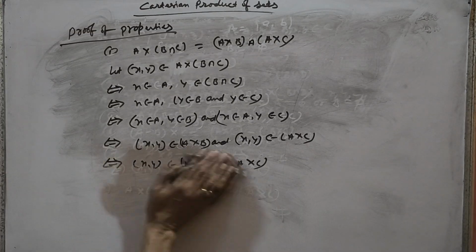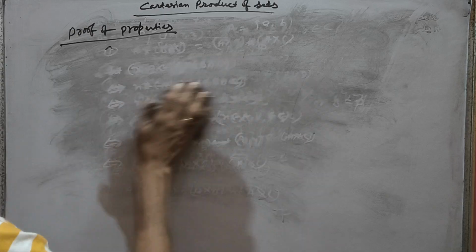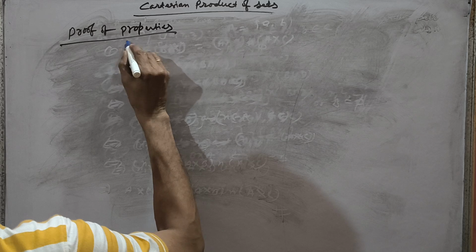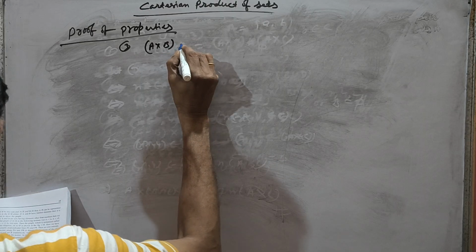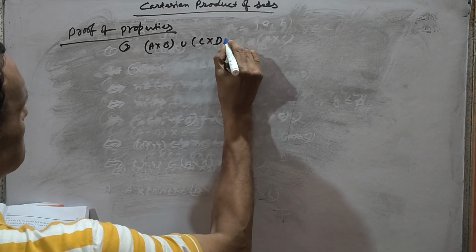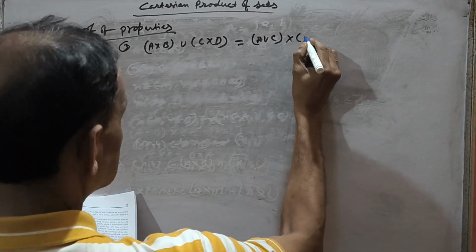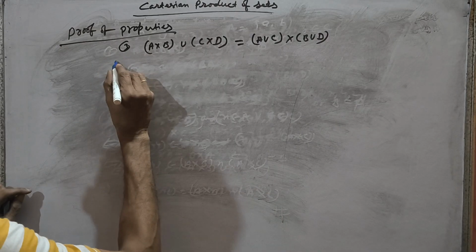Now number 3, we go to number 3. Number 3 property was (A cross B) union (C cross D) is equal to (A union C) cross (B union D). Almost similar only. So start now.